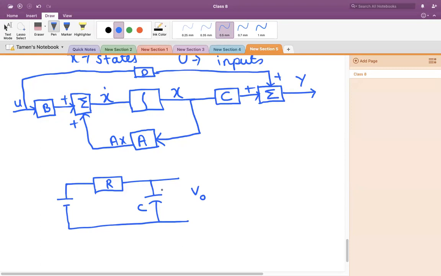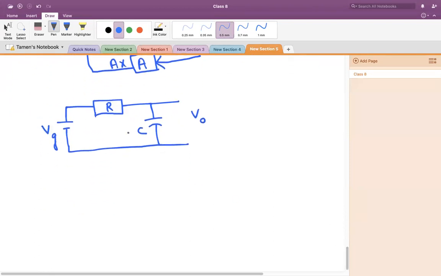This is a circuit in which a resistor is there, a capacitor is there. Now we have to represent it in the state space form, that is X dot equal to AX plus BU.